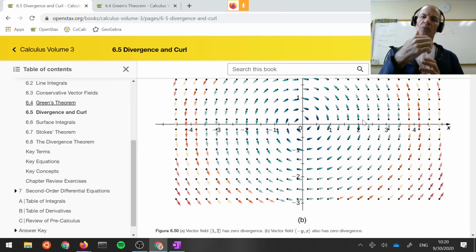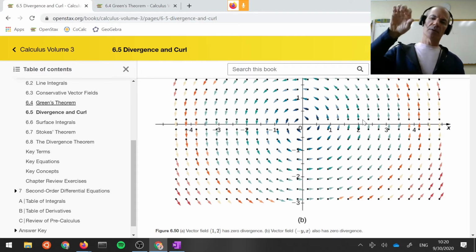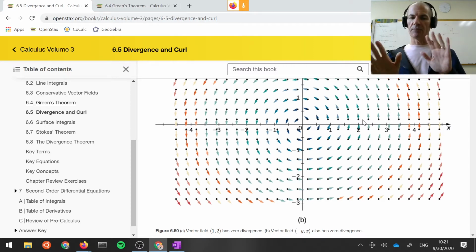We do the right-hand rule and we get a vector that's pointing up out of the plane, or if it were rotating in the other direction, a vector pointing down. So I misspoke earlier. Pointing up means rotating counterclockwise, pointing down means rotating clockwise, not positive or negative.